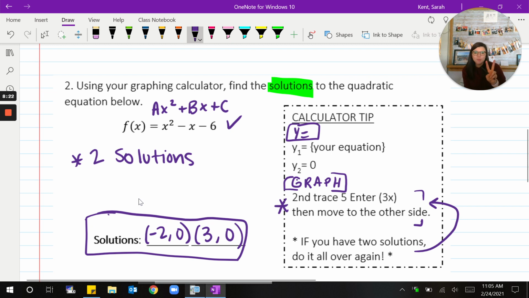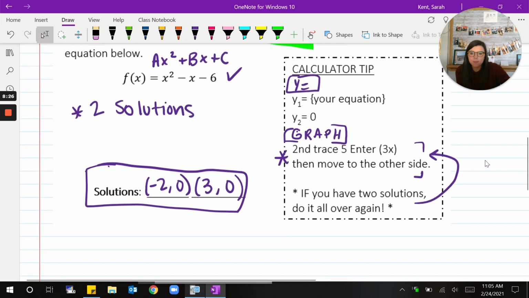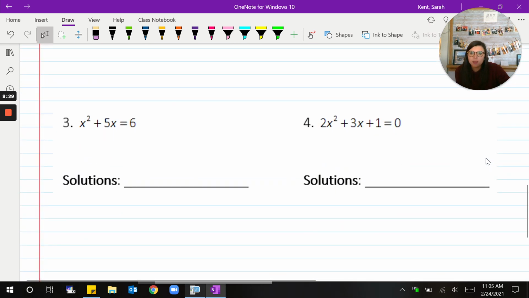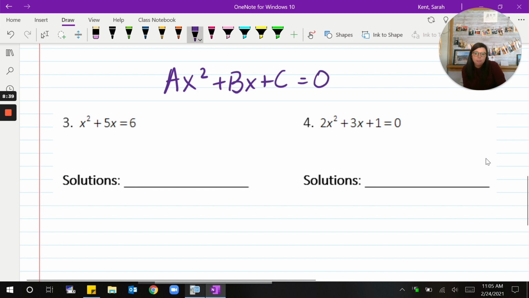All right, we'll do 2 more together and then you can try the practice. So again, we want to make sure that these start out as ax squared plus bx plus c equals 0. If I look at number 3, I've got x squared plus 5x equals 6. Uh-oh, this is not in standard form.